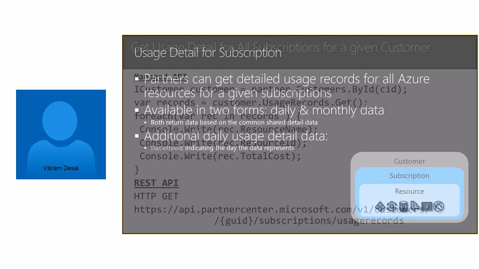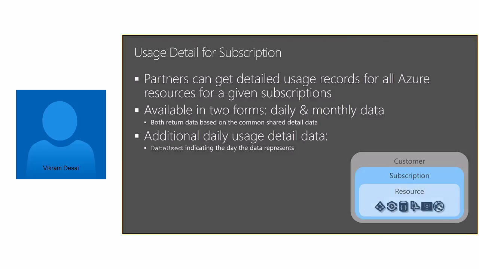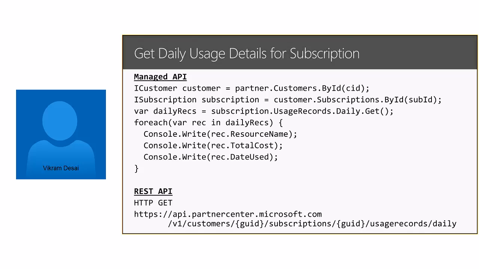And the third level is at a subscription level. If you want, on a daily basis for any given subscription, how much is my daily spend? Monthly is by default anyway. But if you want to get down to the level of how, for a given subscription, all the resources are being used, which one is more or less, on a daily basis, you can get that at a detailed level where you get the customer, get the subscription, and for a subscription, get all the usage records on a daily basis, and then take the action accordingly.